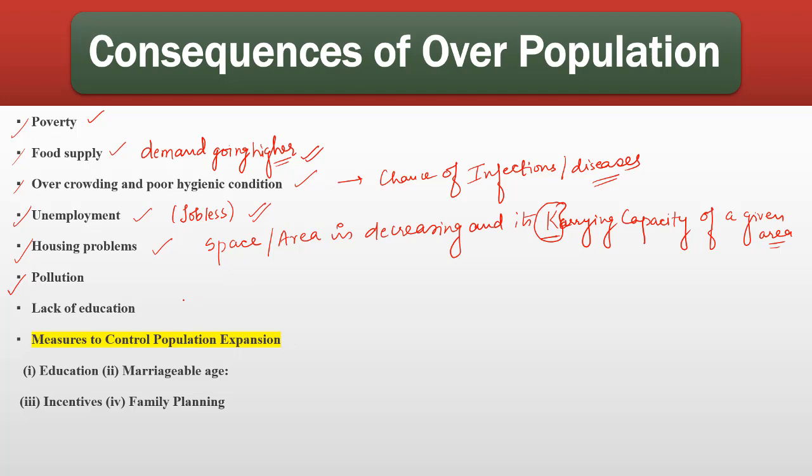If you are responsible for the survival of, suppose, 1 lakh individuals living in your area, you have to see what they are going to do. Setting up new industries and factories will give an environmental threat as well. Lack of education: this is the most prominent factor.